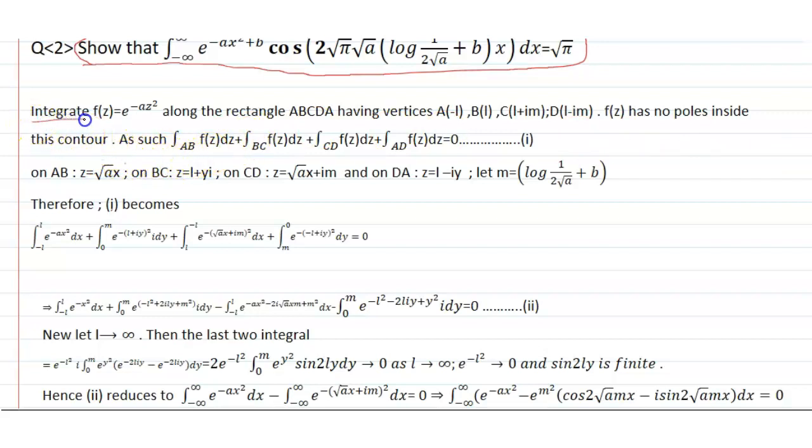Integrate f(z) equal to e to the power minus a z squared along the rectangle ABCDA.